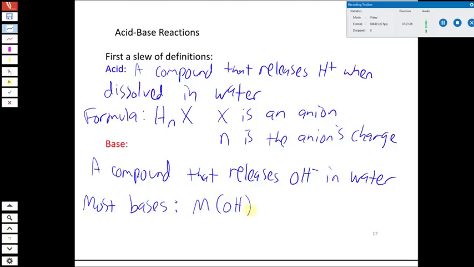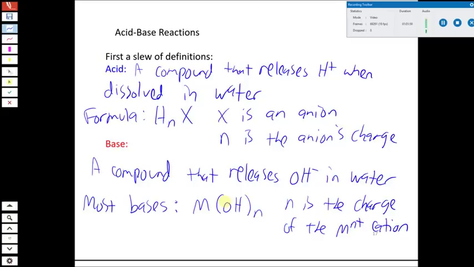Remember, hydroxide is OH-, where n is the charge of our cation that they're paired with. So if it's a +1 cation, it would just be 1 hydroxide with that. If it was a +2 cation, it would be the cation with 2 hydroxides, and so on. So just about every base that we're going to deal with has this general formula. It's just an ionic compound with hydroxide as the anion.